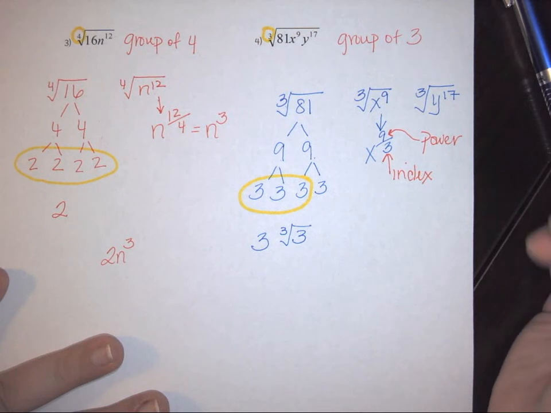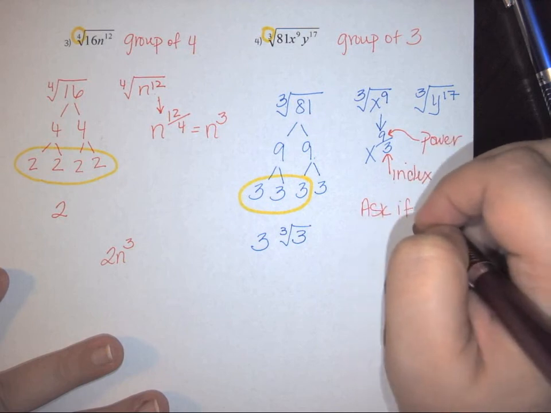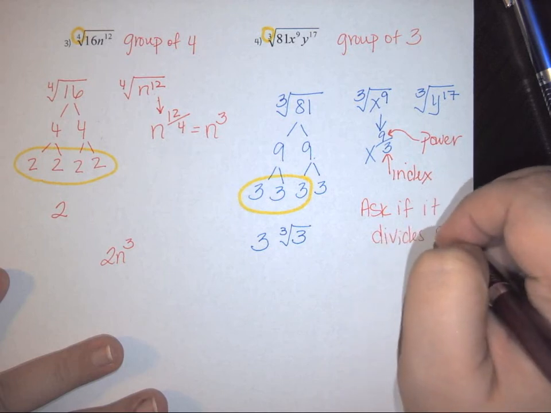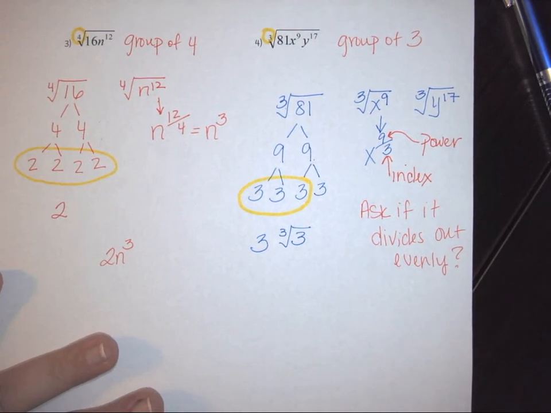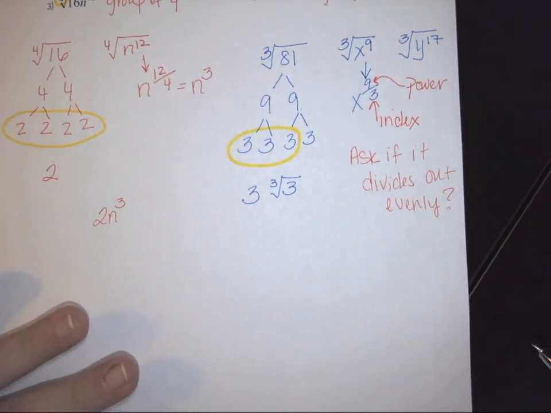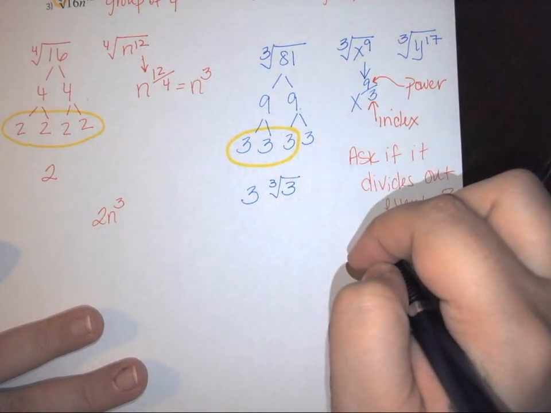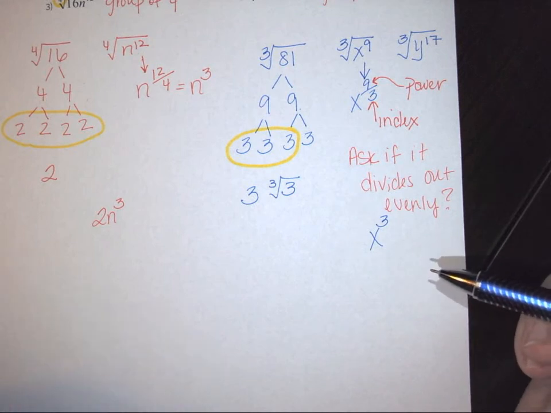And essentially what you want is to ask if it divides out evenly. That's what you're asking. So if I do 9 divided by 3, do I get a nice result? Well, in this case I do. 9 divided by 3 leaves me with x cubed. Since that breaks down the way it does, I would pull my x cubed out and thus leave nothing behind.